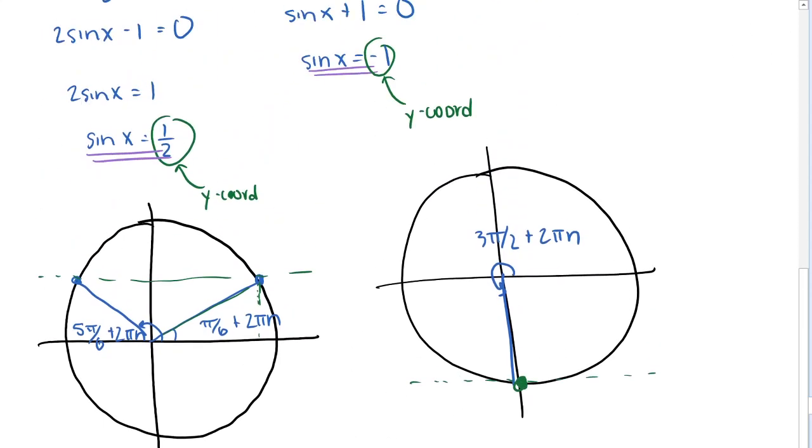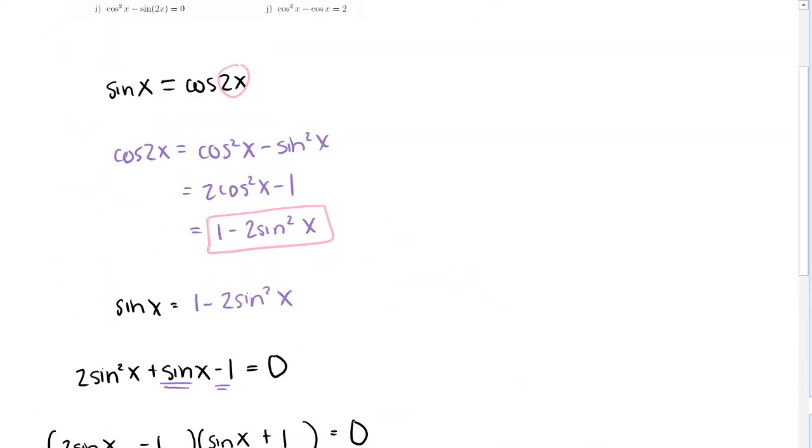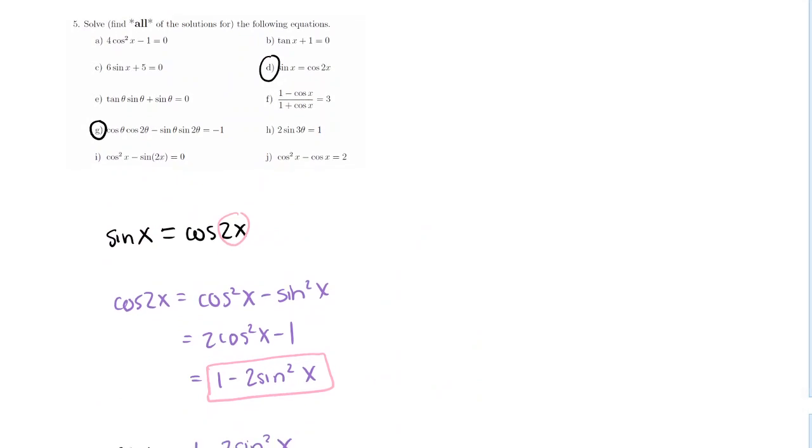So let's go through one more example in this equations problem. Here we want to solve this equation, cosine of theta times cosine of 2 theta minus sine of theta times sine of 2 theta is equal to -1. And so this looks a lot like one of our angle addition or angle subtraction identities.